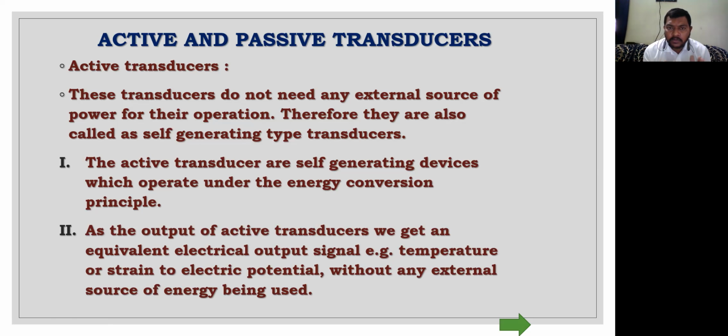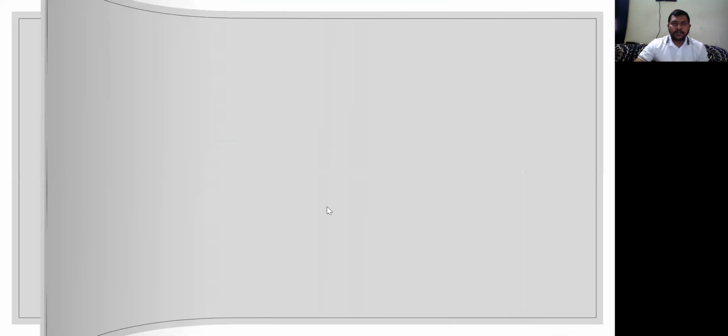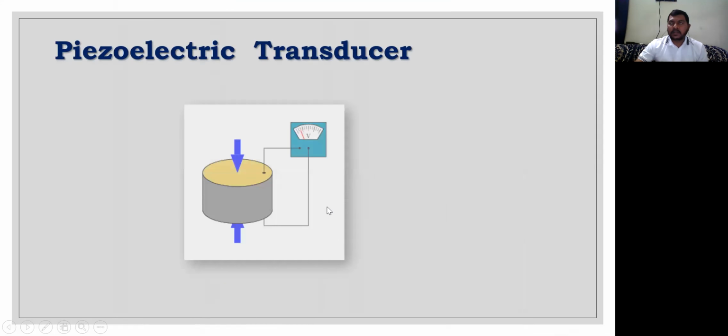So I guess you have understood active transducers. Now take the piezoelectric transducer. This is a transducer which does not require energy. Just by pressing it, as you can see, it is going to generate voltage in both directions, positive as well as negative.